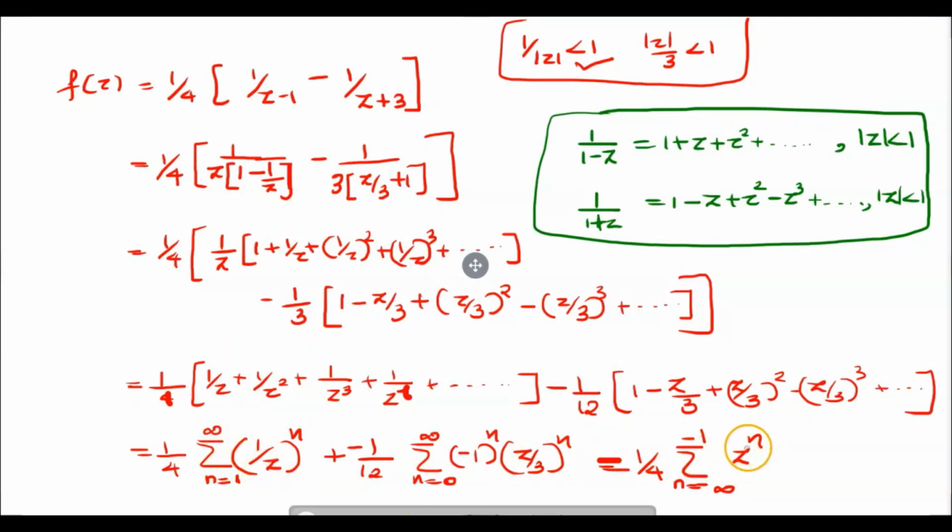The first term is z raised to minus 1, that means 1 by z, then 1 by z square and 1 by z cube. And these two are the same. Next is minus 1 by 12 series n equal to 0 to infinity, minus 1 power n, z by 3 all power n. So this is the Laurent series expansion of the function in that region.